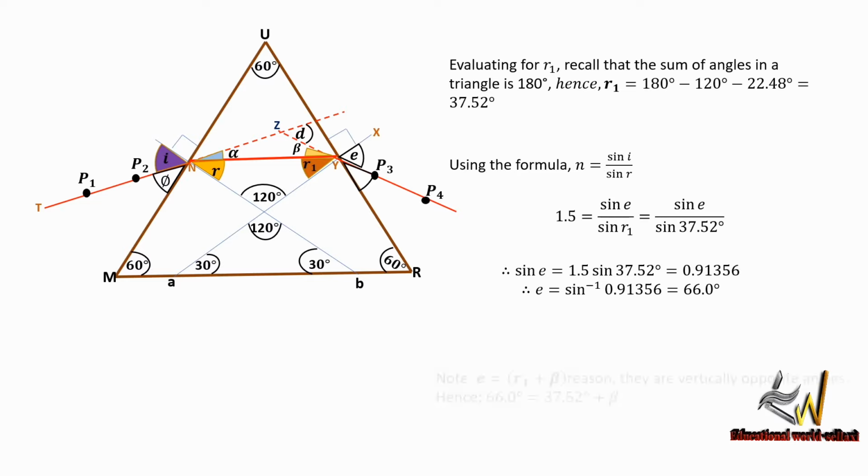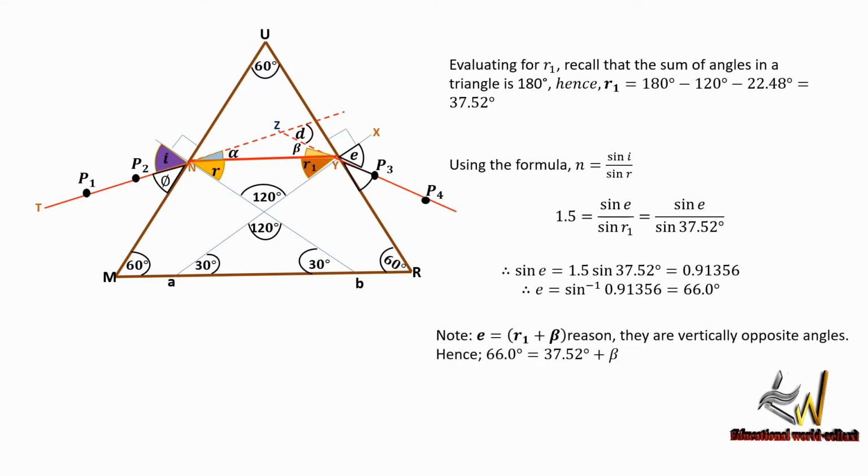Now recall, vertically opposite angles are equal, so the angle E is equal to the sum of R1 plus beta. So we can now say that beta is equal to 66 degrees minus 37.52 degrees, which leaves us with the value of 28.48 degrees.